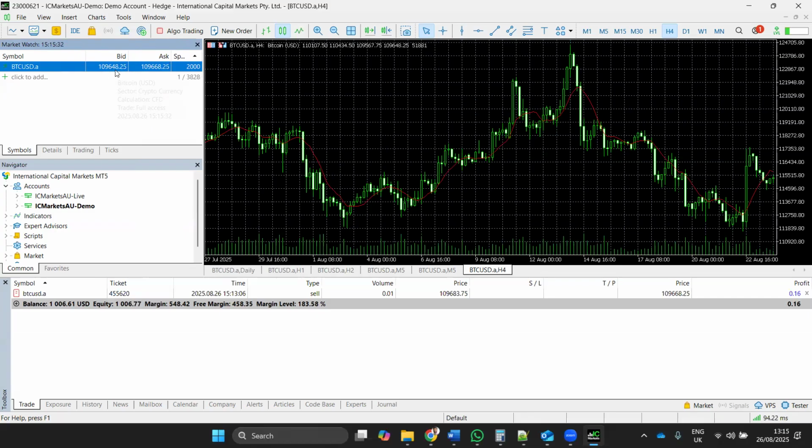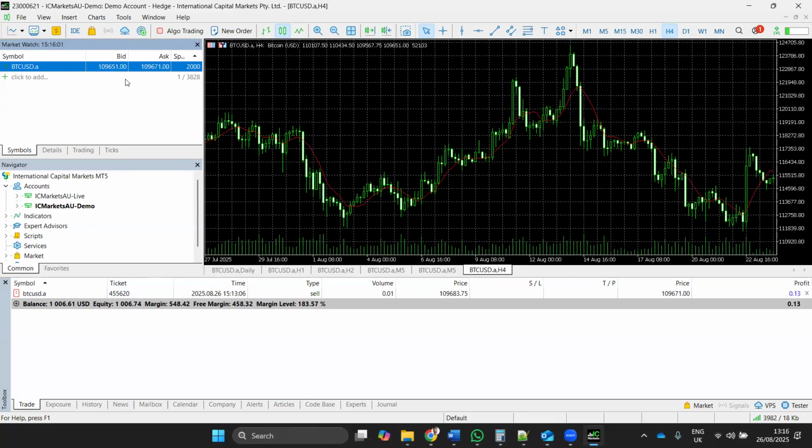If you watch closely, the bid price is always lower than the ask price. So whenever we buy, we will be buying at the ask price, and whenever we sell, we will be selling at the bid price. And this bid and ask price has nothing to do with the real Bitcoin price.